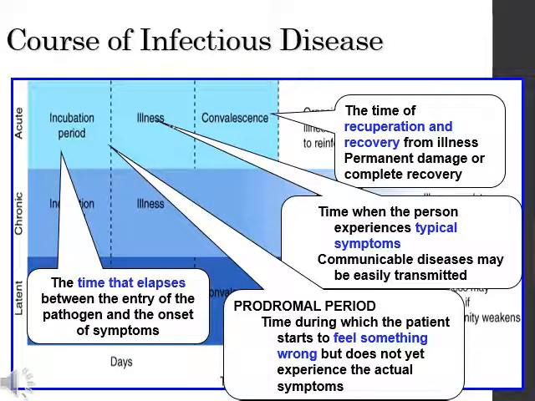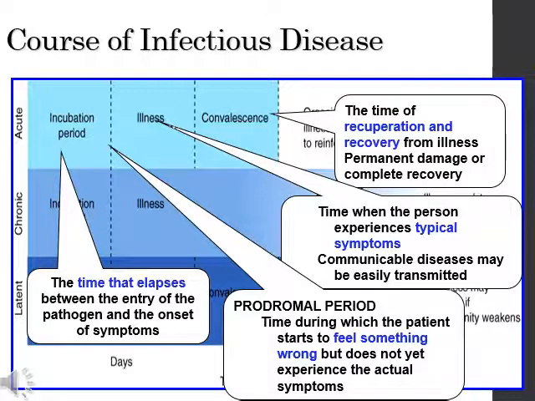In other words, a period of appearance of non-specific symptoms is the prodromal period for any disease. Non-specific symptoms for any disease, like if a patient is facing a symptom that occurs in many diseases, then we say it's a prodromal period.